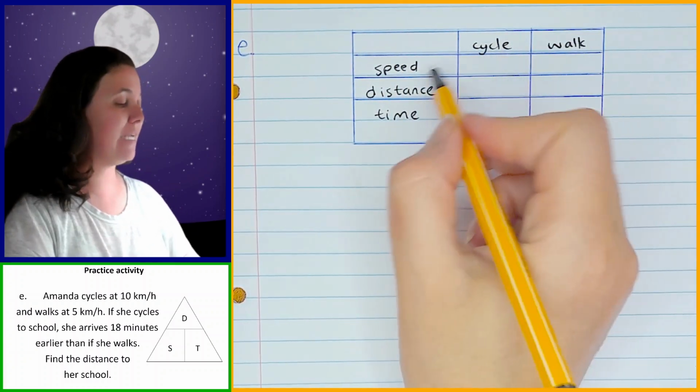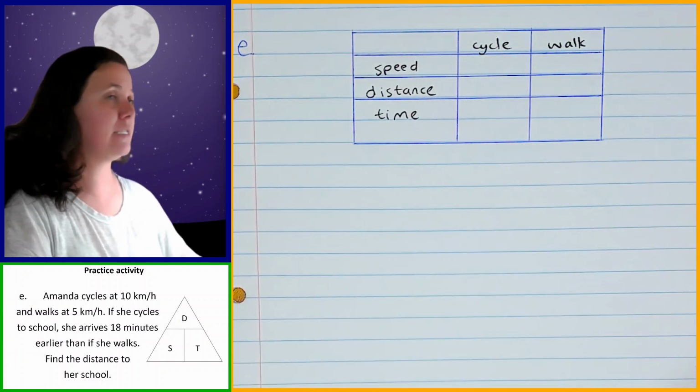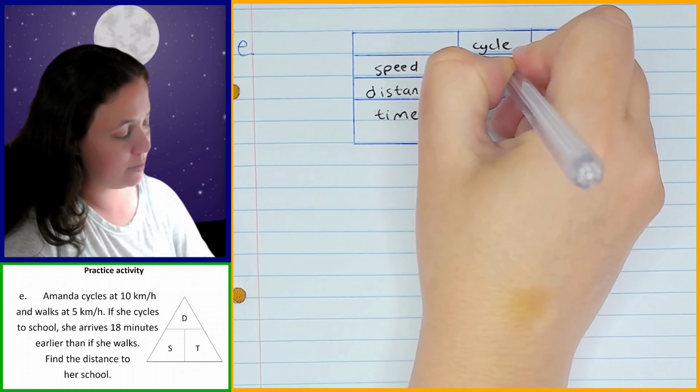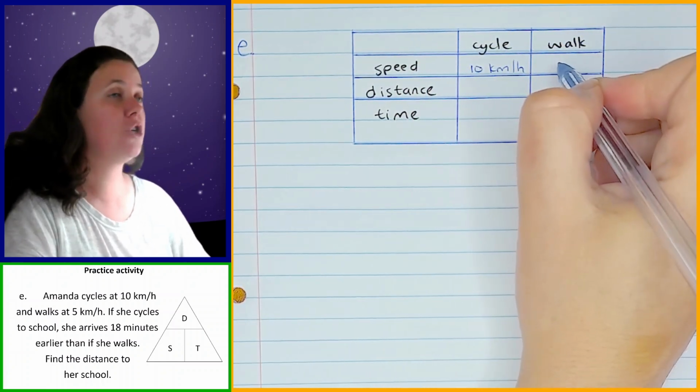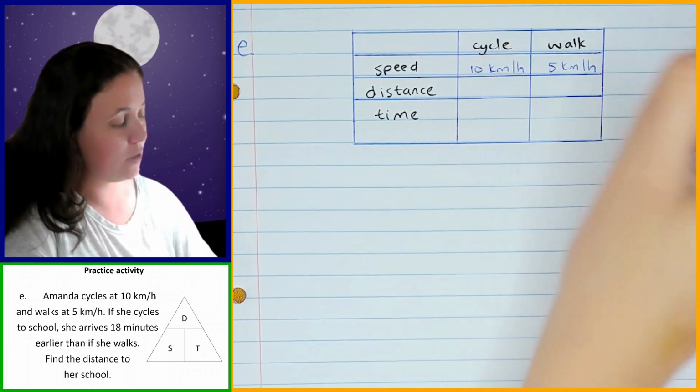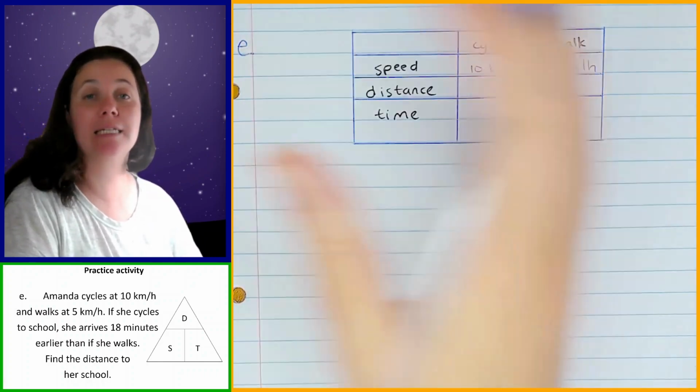When she cycles, her speed is 10 kilometers per hour. And when she walks, her speed is 5 kilometers per hour. That they told us, it's given.